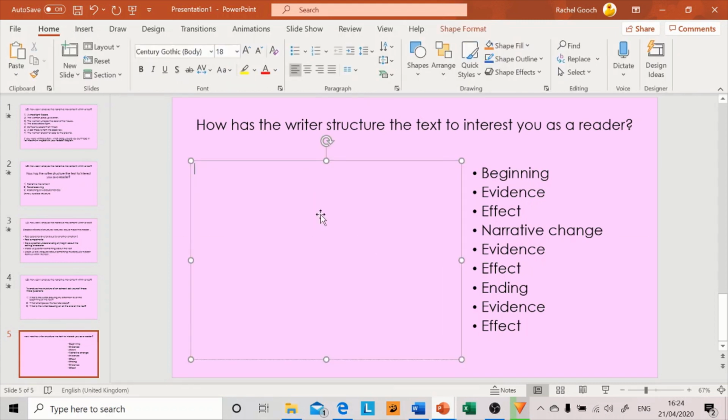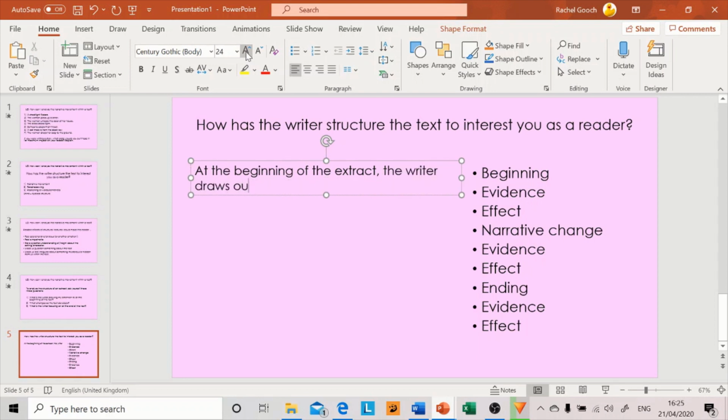So I'm going to start by saying, at the beginning of the extract, the writer draws our attention to the terrible weather conditions.